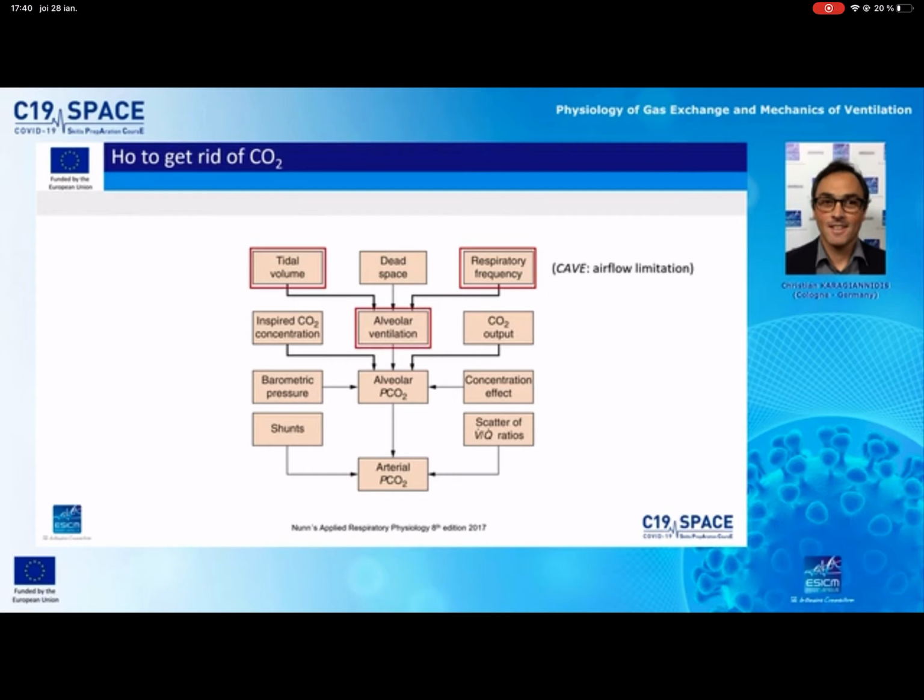So if you have problems getting rid of CO2 in your COVID patients, first look at the tidal volume on mechanical ventilation, whether it is high enough, and it should be around 6 ml per kilogram ideal body weight. And look at the respiratory frequency, whether it is high enough in patients without airflow limitations, and low enough in patients with airflow limitation, which means that they have enough time for expiration.